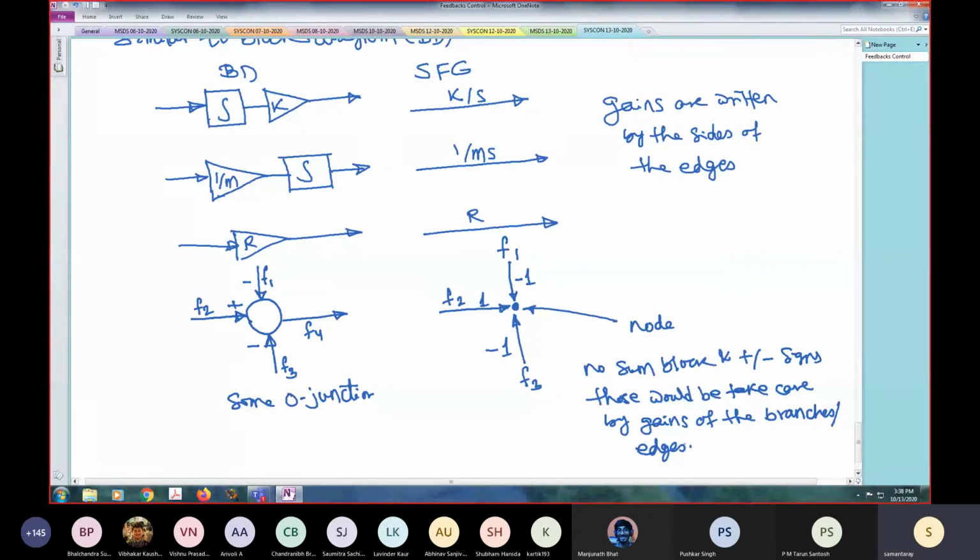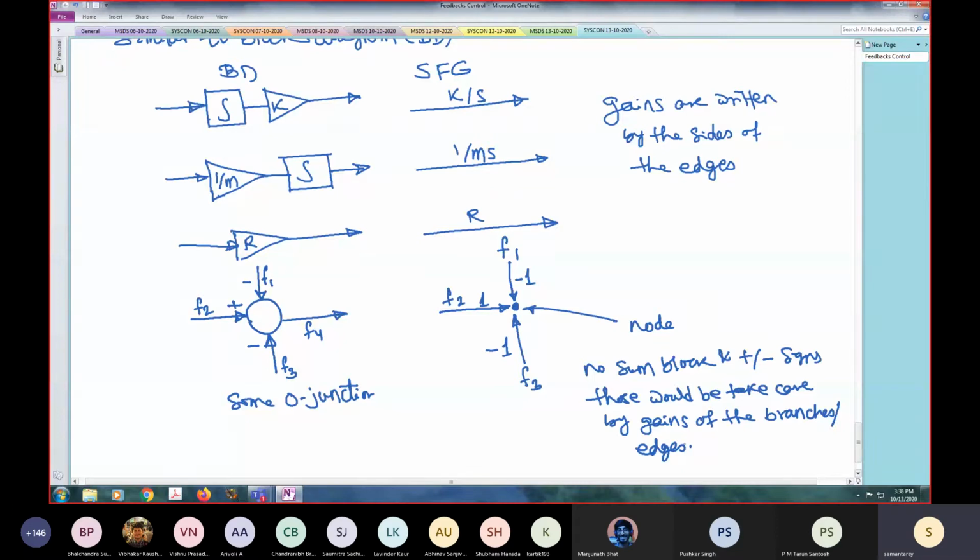That is the difference. Otherwise, it's all the same. Any integration will simply be replaced by 1 by s. All gains will multiply. If you have a sum block, we will put it as a dot, as a node. We won't put plus minus sign at the node. We will put that as gain in the corresponding branch. It might appear as +1, -1 or whatever. That is what a signal flow graph is.